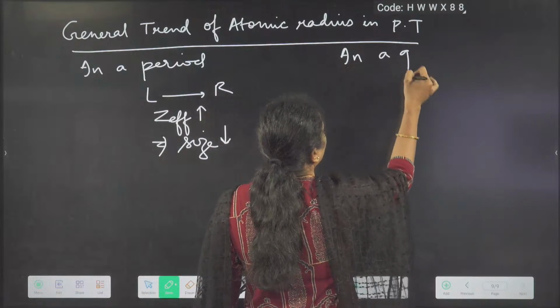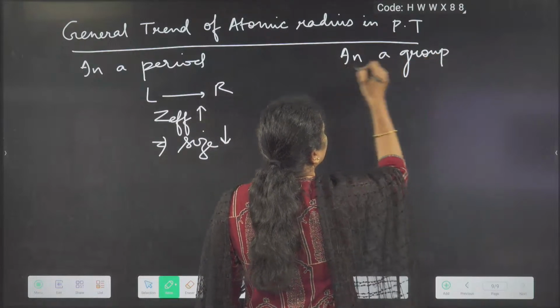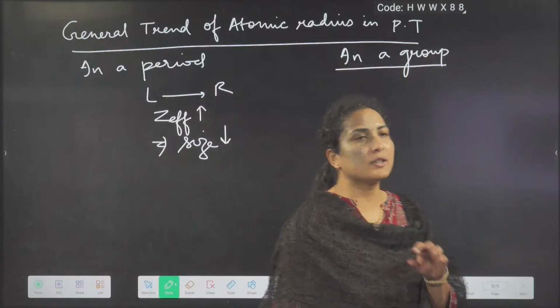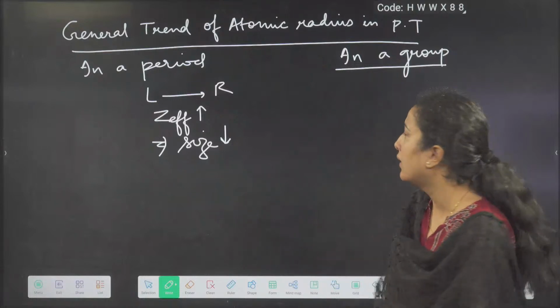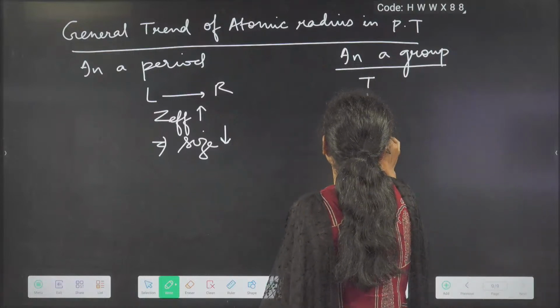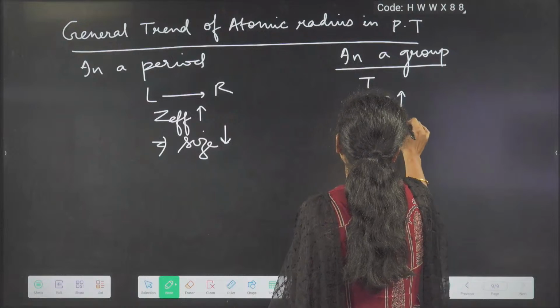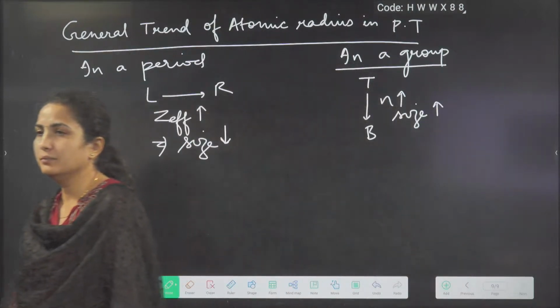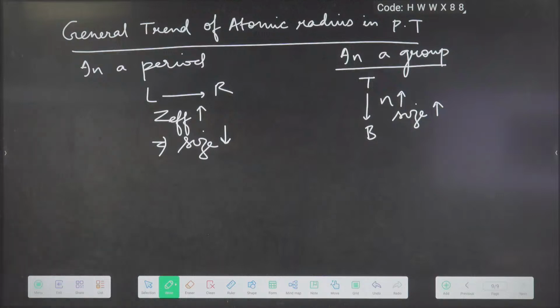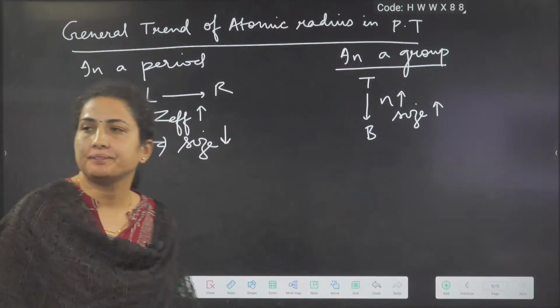Then, in a group, is there any role of Z effective? There is no role of Z effective. Simply things will rely on the number of shells. So when I move from top to bottom, the number of shells increases, so size will increase. Done?